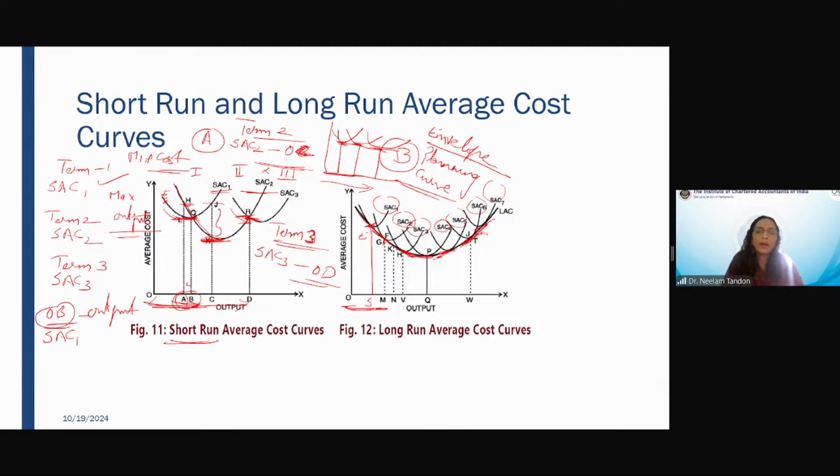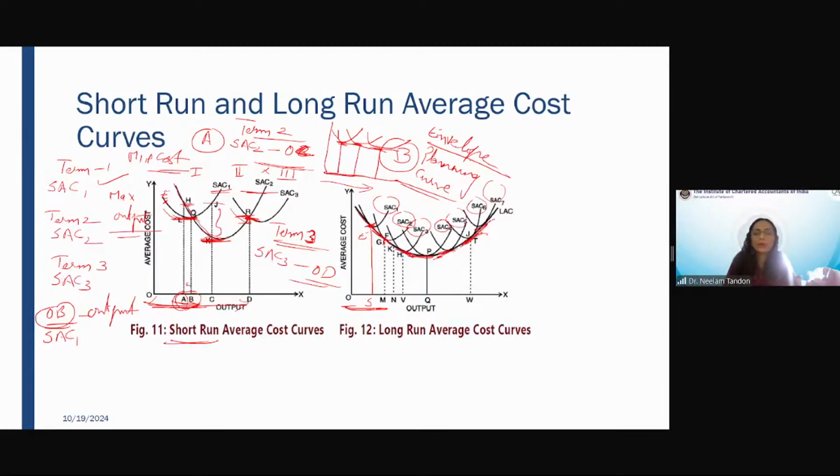And when these three plants belong to one company, one firm, that together becomes the long term. Yes. So what happens in the long term? The firm can increase, can go for a new plant. The firm can enter into a new plant segment. So that is why it is known as the plant curve.